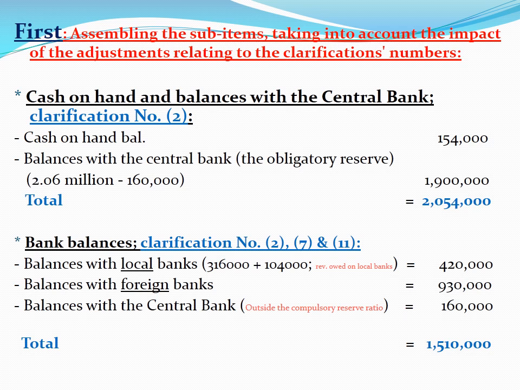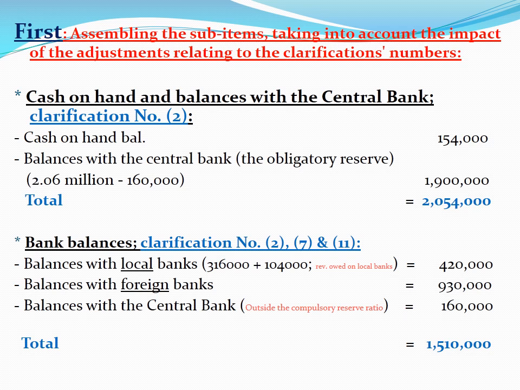together. Number 3, the salaries paid in advance, 2,000. So the salaries item appearing in the trial balance includes 2,000 paid in advance. I want the salaries related to this period only. So I have to deduct the 2,000 from the salaries appearing in the trial balance, and the 2,000 will appear as other debit balances in the assets of the financial position statement.